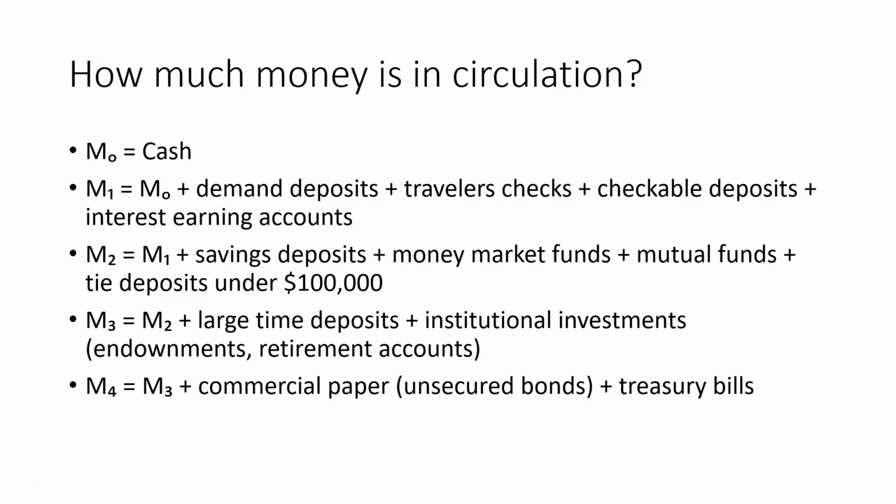The simplest is M0, which is all the cash, all the little green pieces of paper, and all the coins that are in circulation. Now, that's not the only type of money we have. We have checks. Many of you may not have written a check, but back in the dark ages when I was younger, we wrote checks.